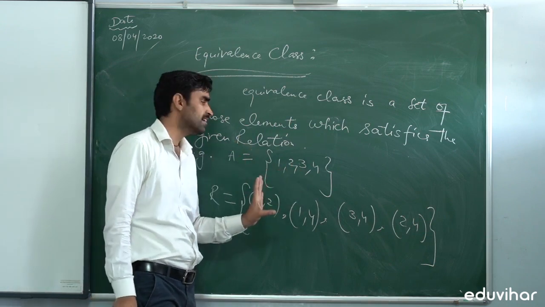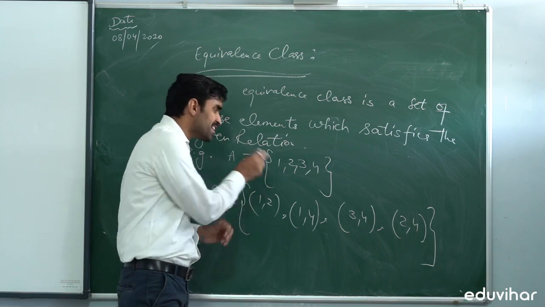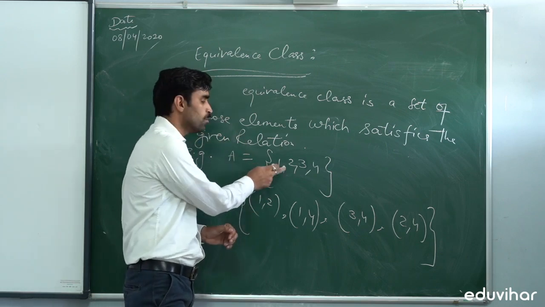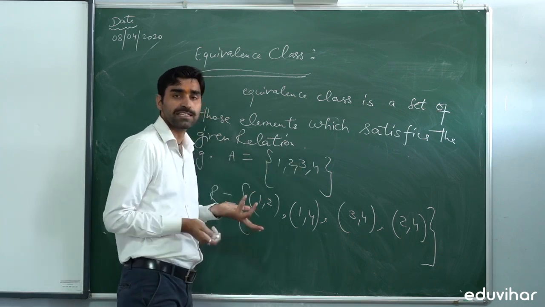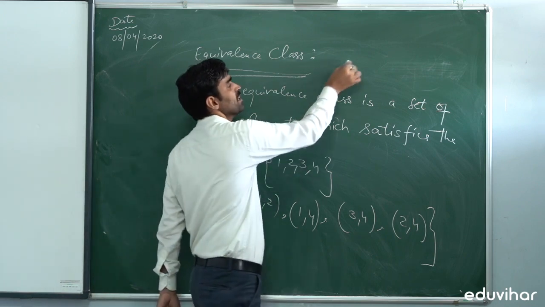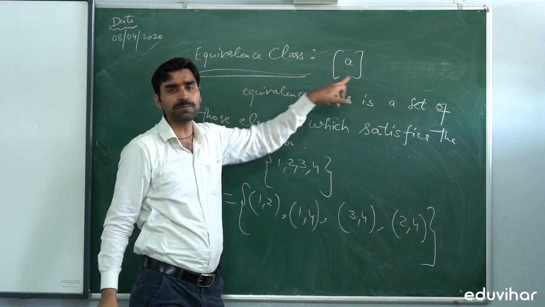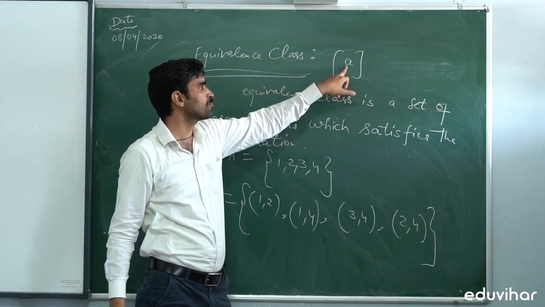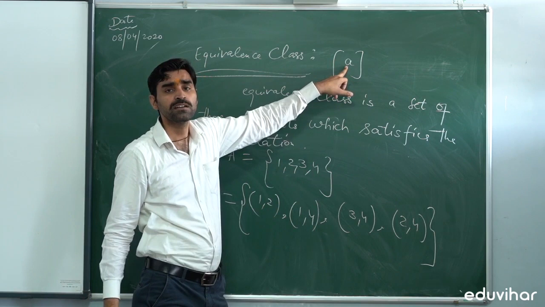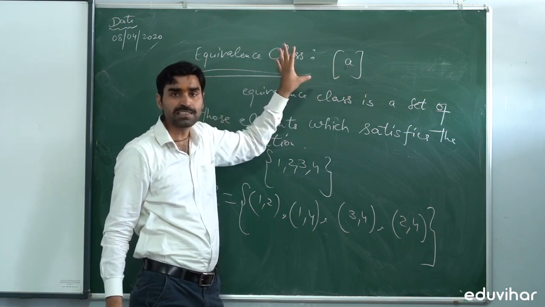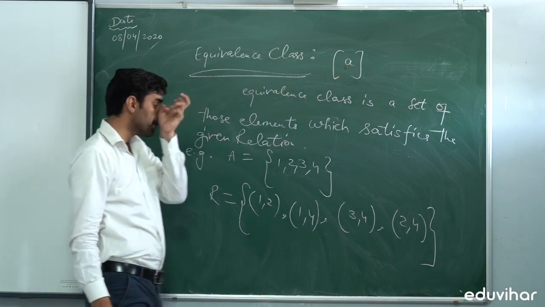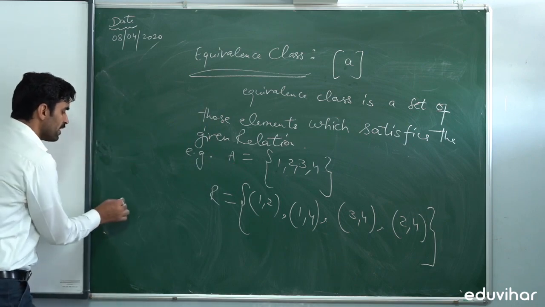We can write it as the equivalence class of any element. This is the symbolic representation, a big bracket of the given element A, whose equivalence class we have to find out.